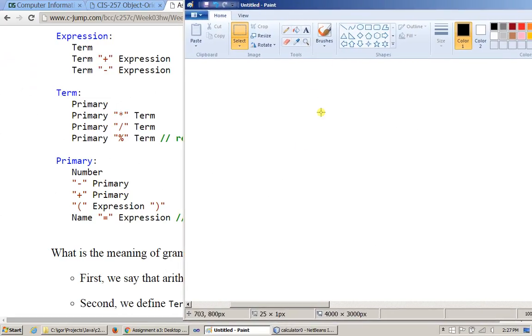So the simplest type of expression may be where the user just types a number, such as 123. This is a legal input. It's a legal arithmetic expression. Therefore, we have this set of rules that we use to determine: is 123 an expression?